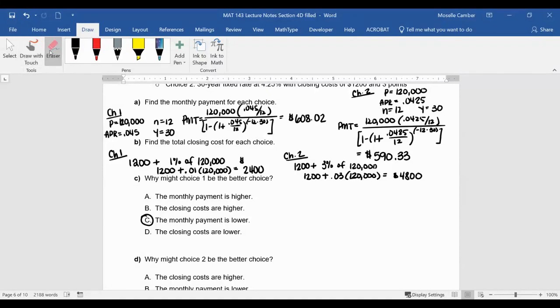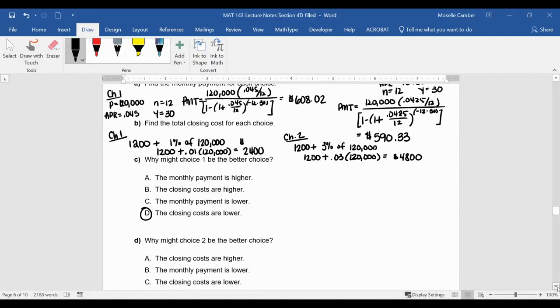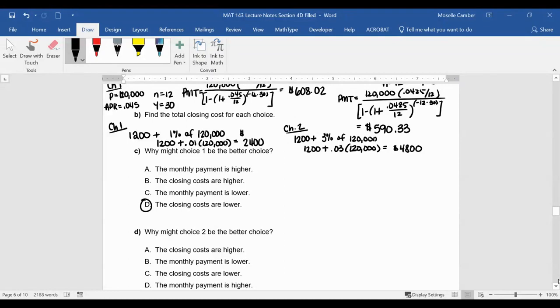Oh, I got that backwards, didn't I? I didn't read the question. So choice 1 is better because closing costs are lower. And then choice 2 was better when we looked at payments. So the payment level was lower.